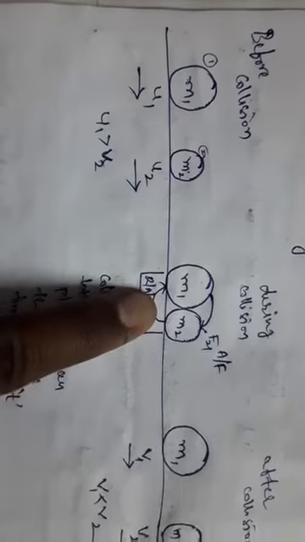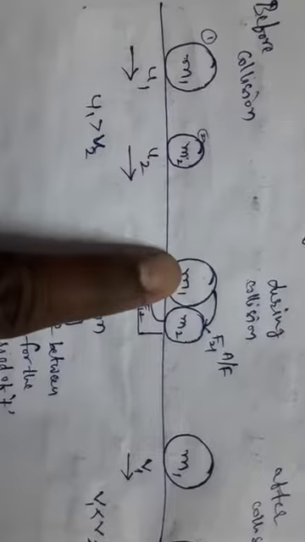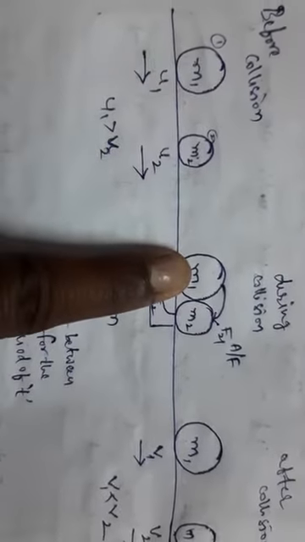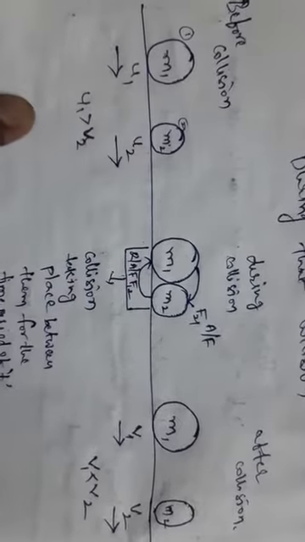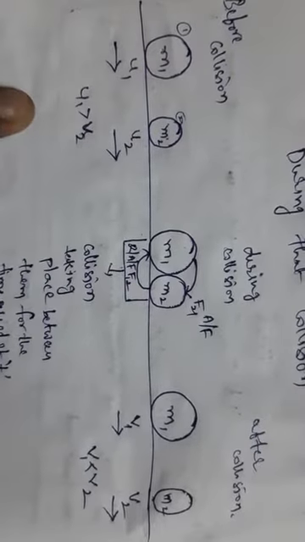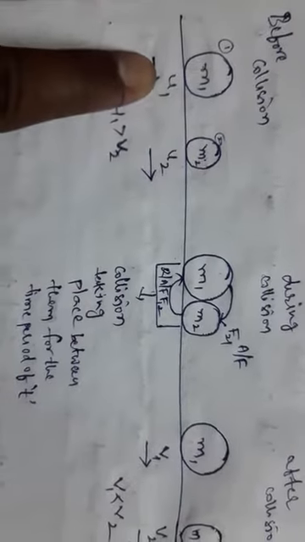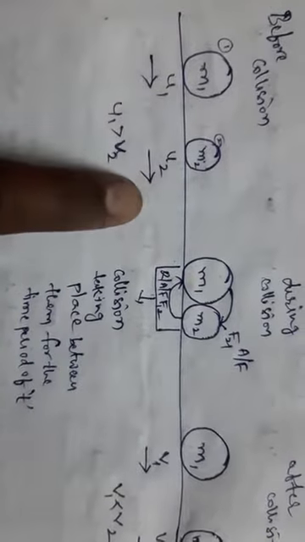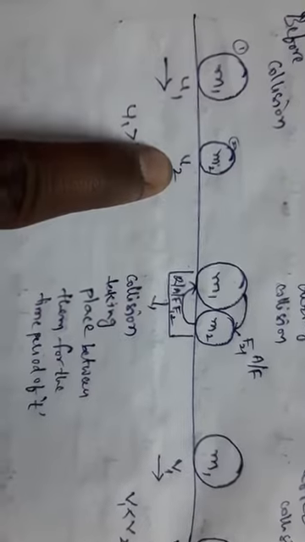Listen carefully, see the screen carefully. Before the collision occurs between these two objects, the velocity of the first object, u1, is greater than the velocity of the second object. Already we know the velocity of the second object, that is u2.